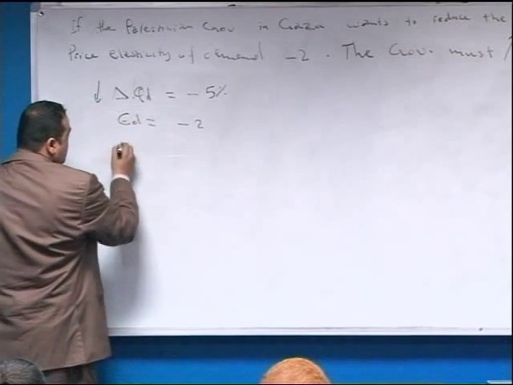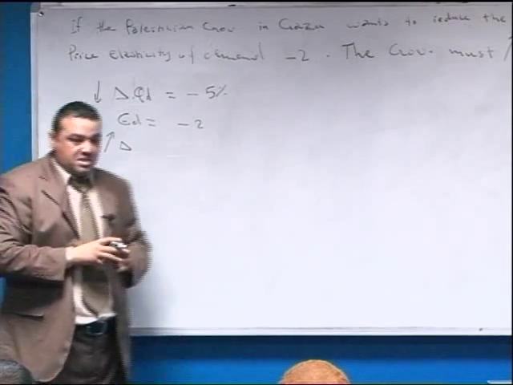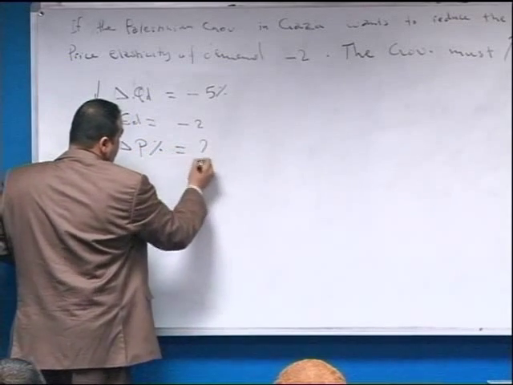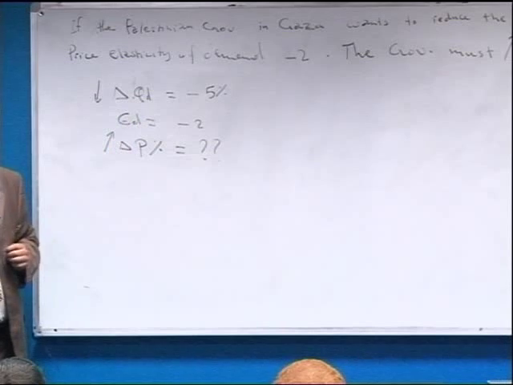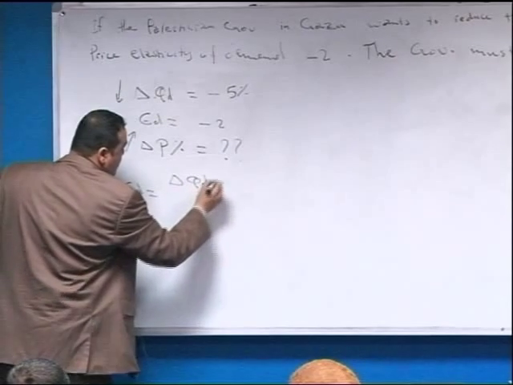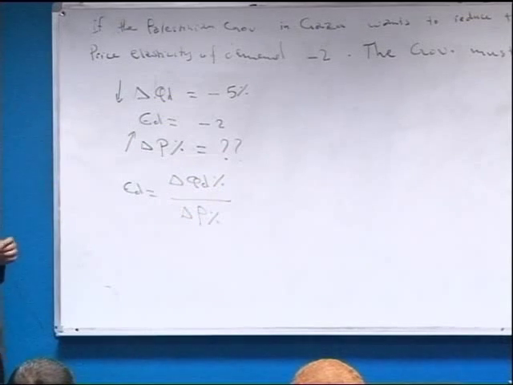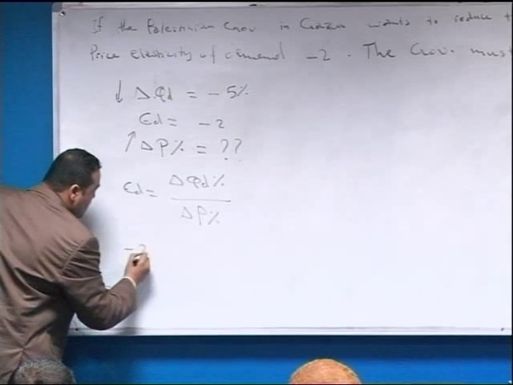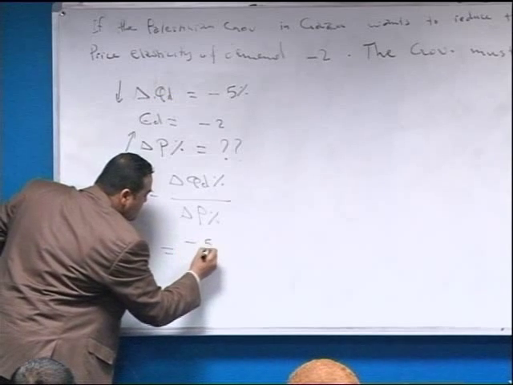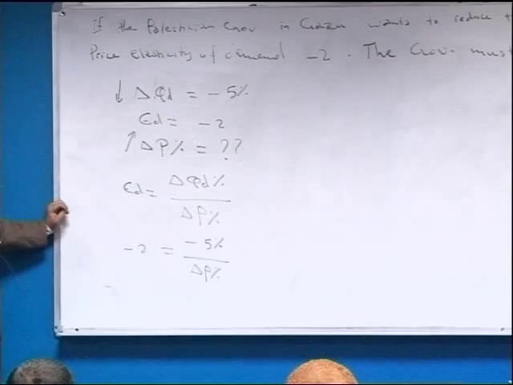We want to know how much the prices must increase. ED equals delta QD percent over delta P percent. Right? -2 equals -5% over delta P percent.